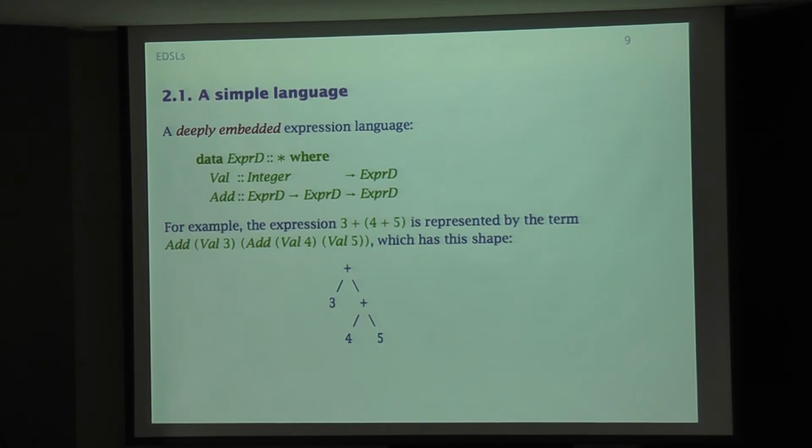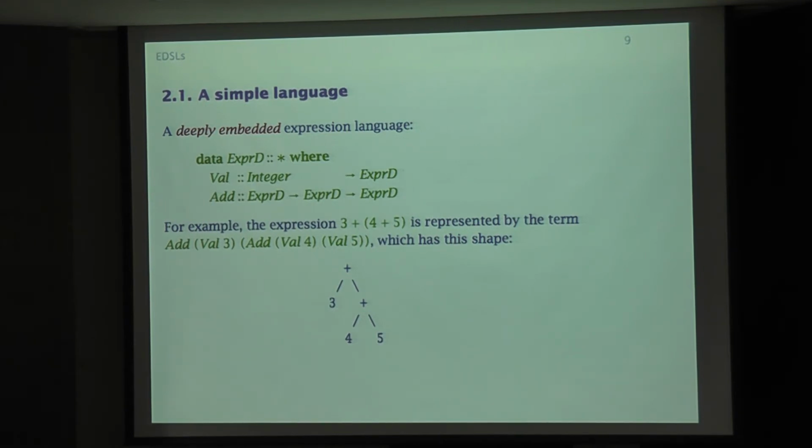That tells you that there are two ways of making an Expr. There's the val way and there's the add way. And each of those is a function. Each of them takes some arguments and gives you an Expr. What val does is it takes an integer and makes an Expr. And what add does is it takes two Exprs and makes an Expr.